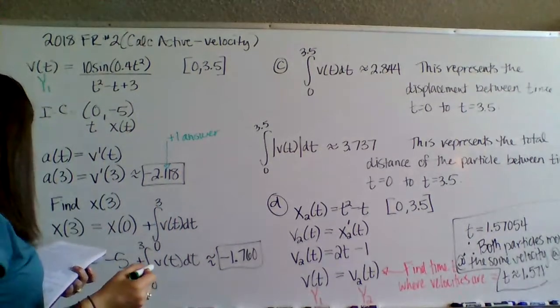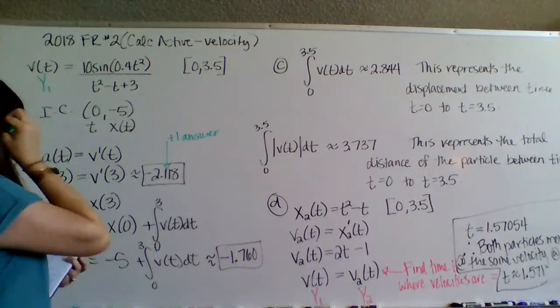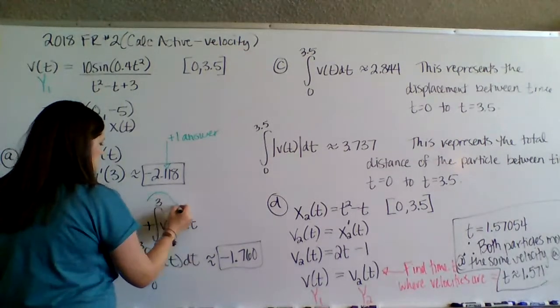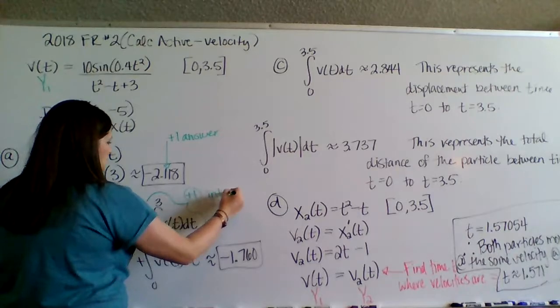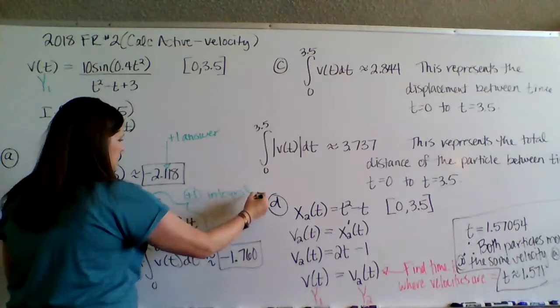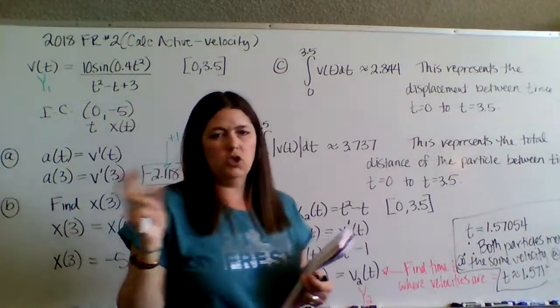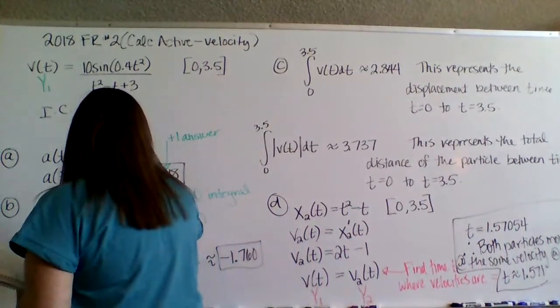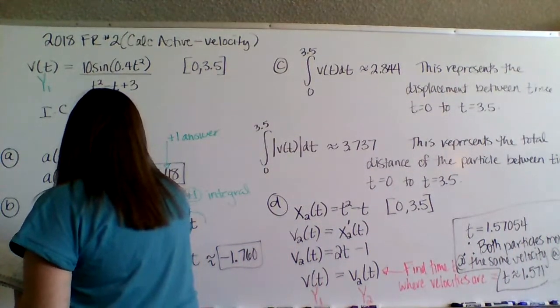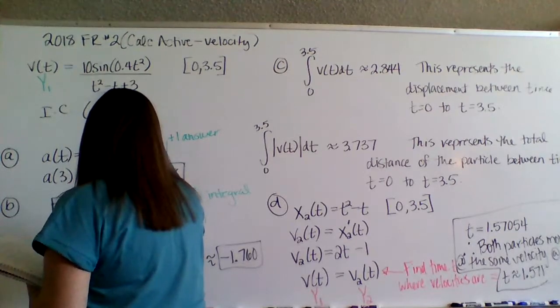Part B was actually 3 points. So you got a point for knowing that you had to do the definite integral. So your boundaries counted from 0 to 3 of the V of t rule so that you could get what you accumulate for the position. But then you had to know to use your initial condition because you have to incorporate the initial condition if you wanted the particle at time 3.